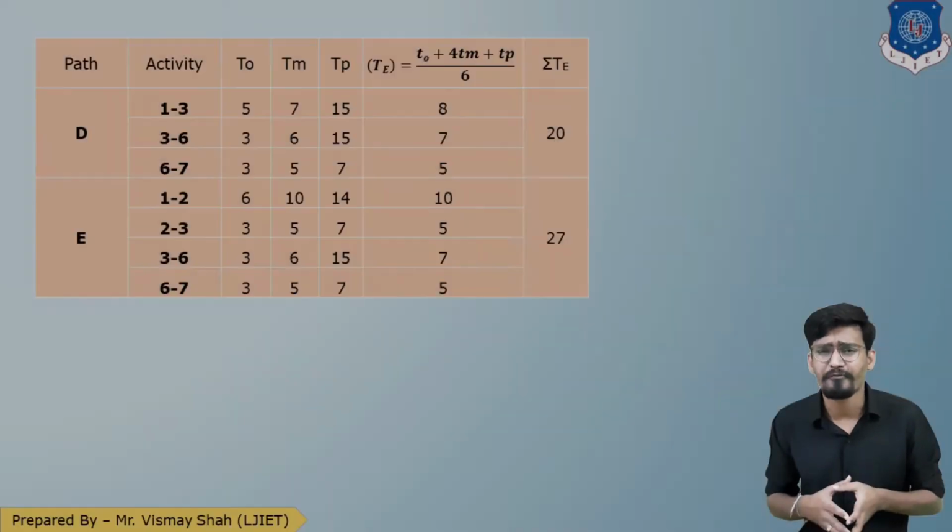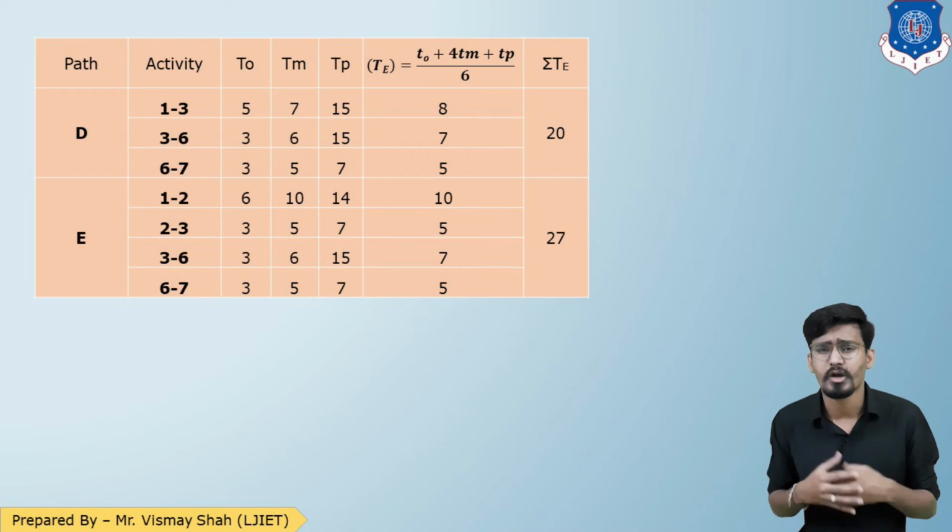Similarly, we can perform for path D. The total expected time for path D will be 20. And that is the last path, consisting of 4 activities: 1-2, 2-3, 3-6, 6-7. When we calculate for path E, the total expected time will be 27. Alright, I hope we are clear up to this point.